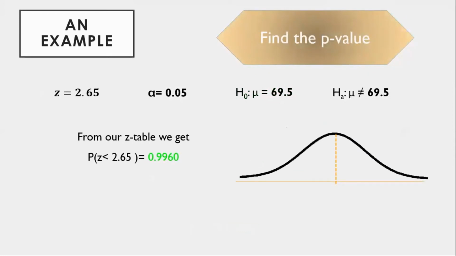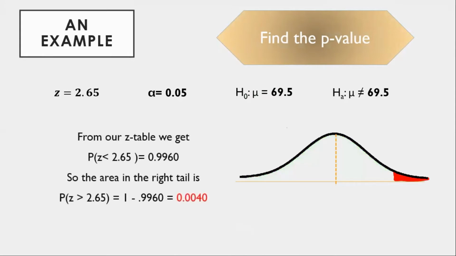So I'm going to look at our table. I'm going to use it to find out what the shaded area to the right of z equals 2.65 is, right? Our test statistic. In this case, I get 0.004. However, this is a two-tailed test. Our test statistic was significantly high, right?